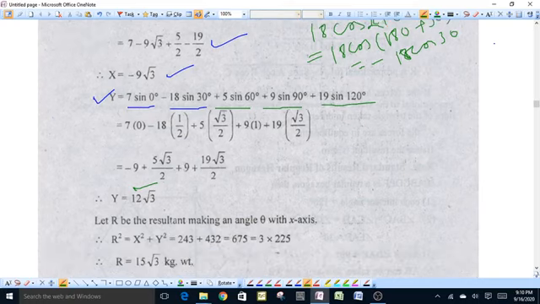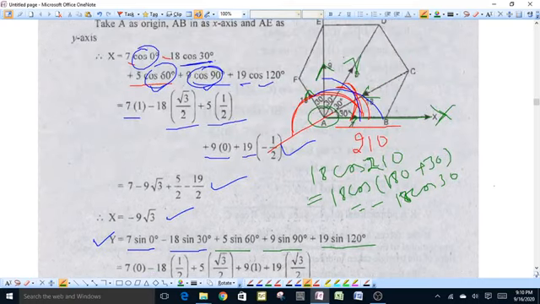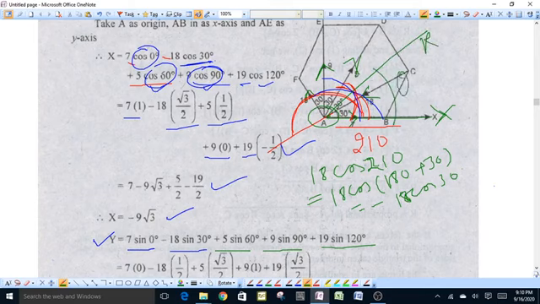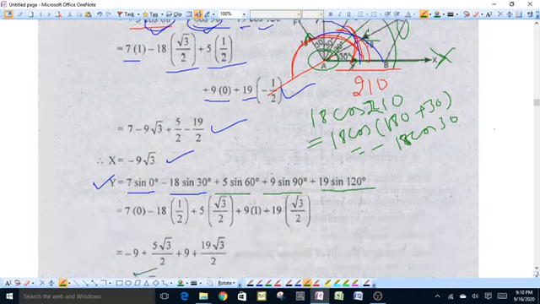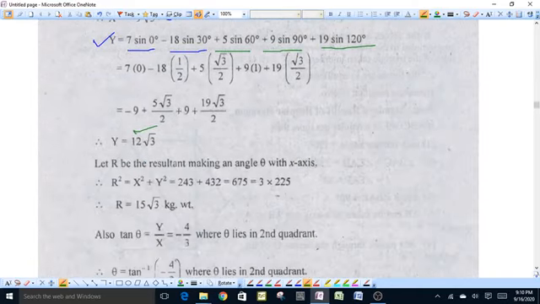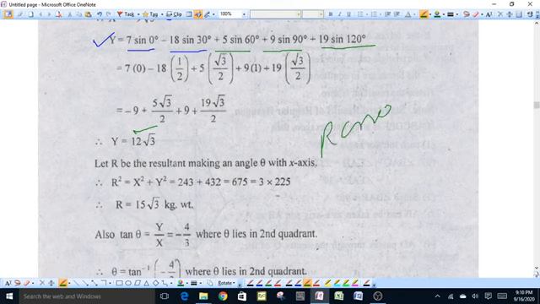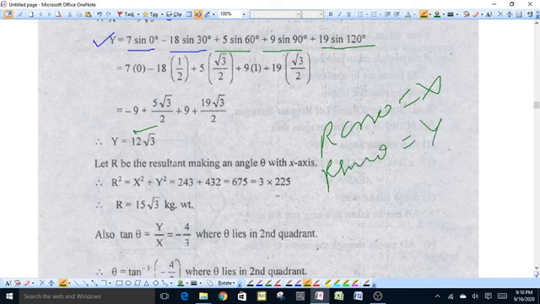Now, suppose the resultant of all these forces is equal to R, which makes an angle theta with positive direction of x axis, then x component of this resultant, R cos theta, is equal to X, and R sin theta is equal to Y, the sum of y components of all the individual forces.